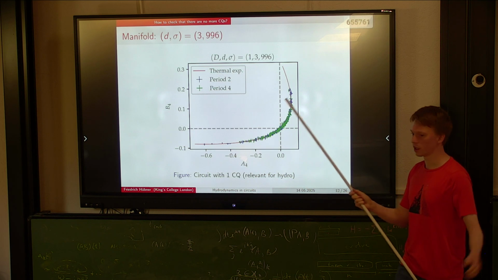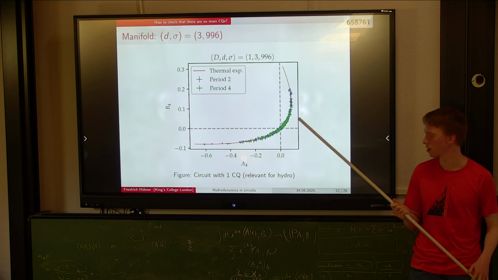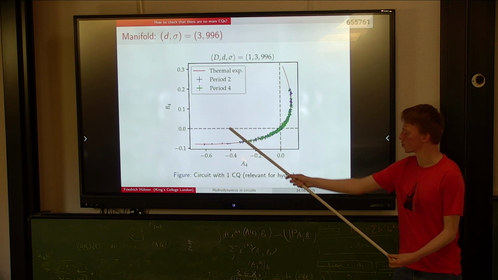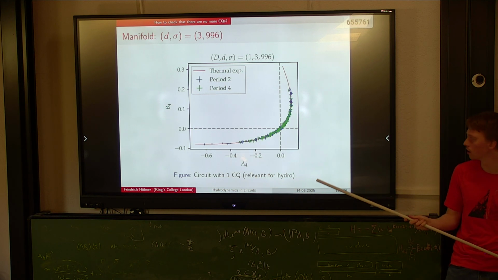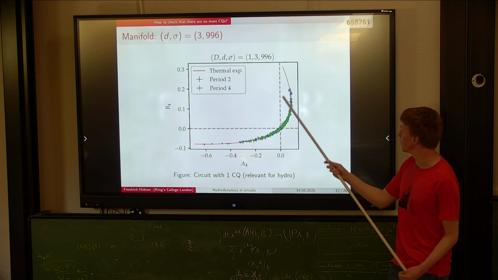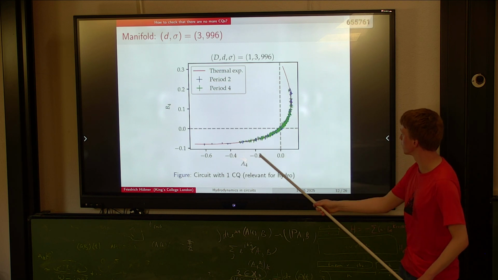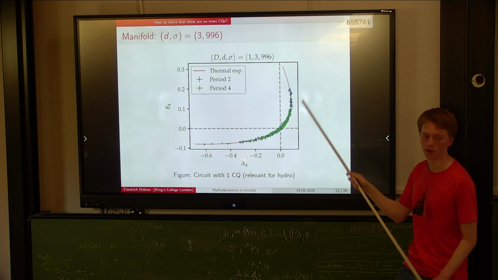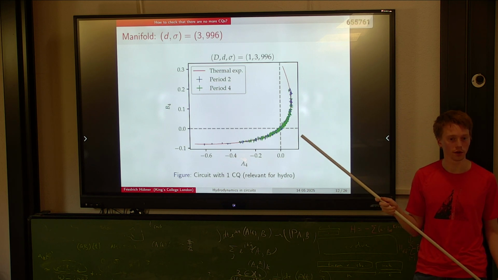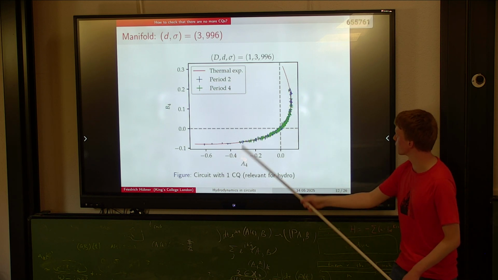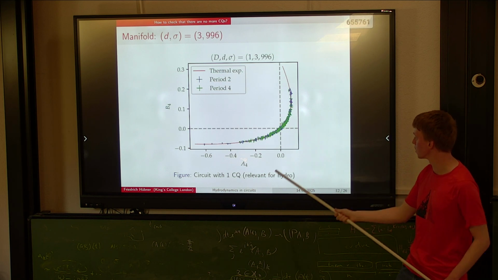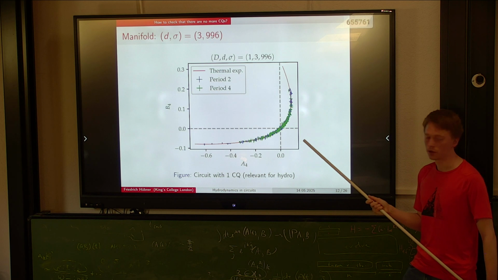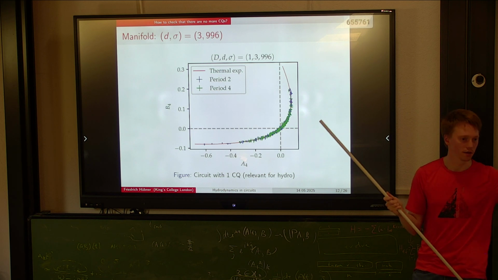Here we just start the evolution from some random initial state, and then in the end we measure 2 generic observables, and we find that the points that we observe all lie on some one-dimensional submanifold, and it also agrees with the thermal expectation value. So this really shows that in this gate you have one conserved quantity which is relevant for hydro.